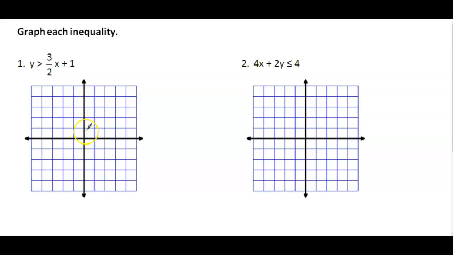So I'm going to plot a point at +1. I'm going to go up 3 and over 2. I can also go down 3 and left 2. And again, we already determined my line is dashed. So I'm going to draw in a dashed line. And I'm going to shade above.